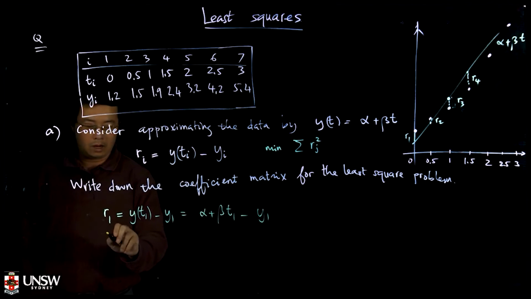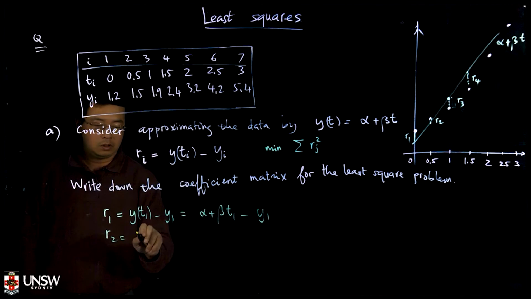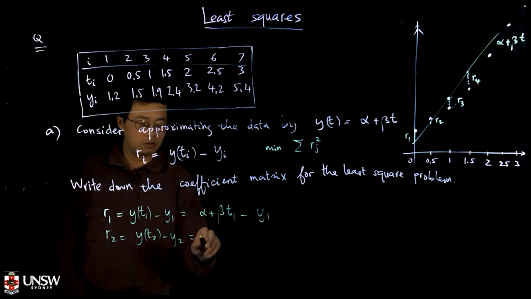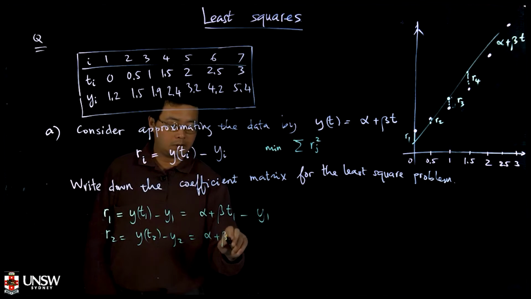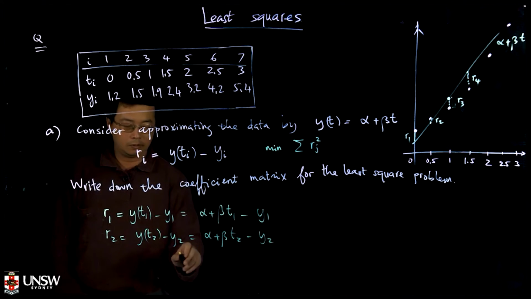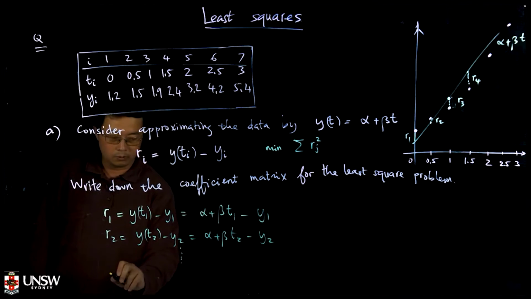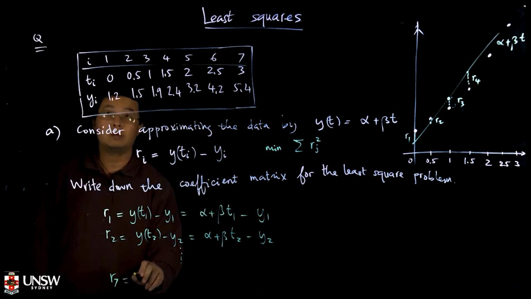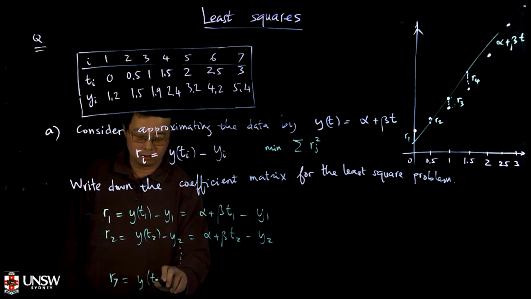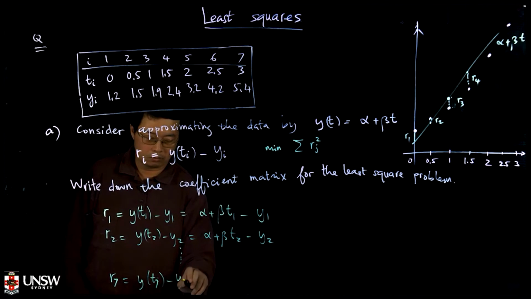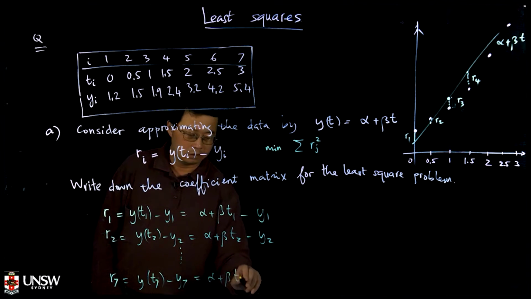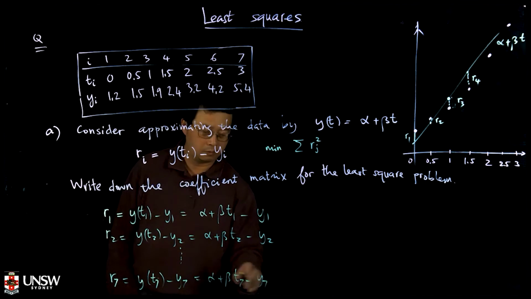Then you write out R2 is YT2 minus Y2, which is alpha plus beta T2 minus Y2, and so on, up to R7, which is YT7 minus Y7, which is alpha plus beta T7 minus Y7.